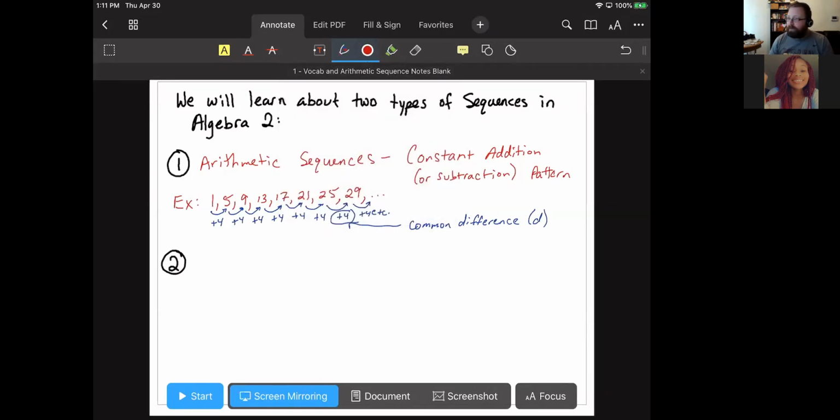So the other type of sequence that we're going to talk about in this particular class are called geometric sequences. These have a constant multiplication or division pattern.